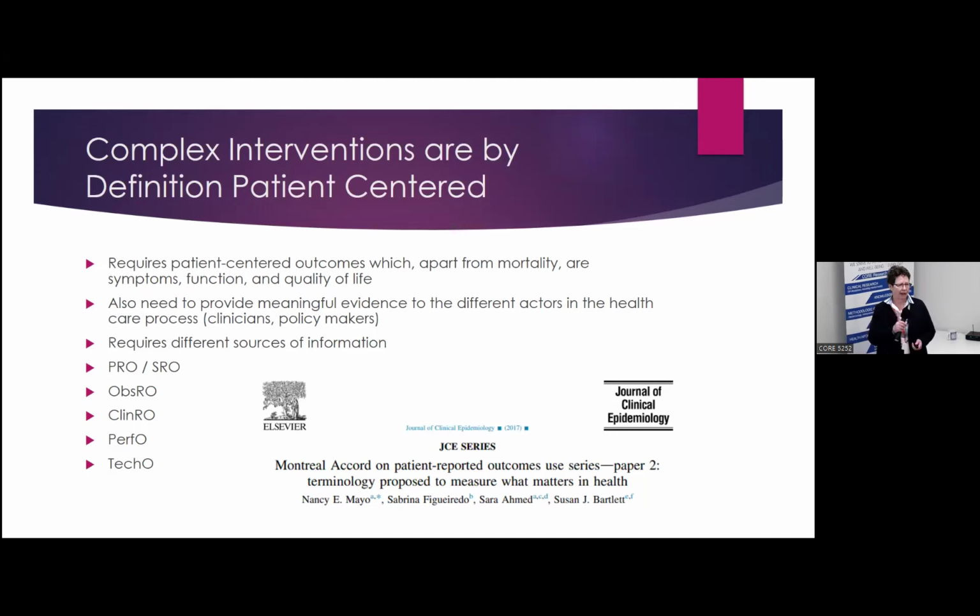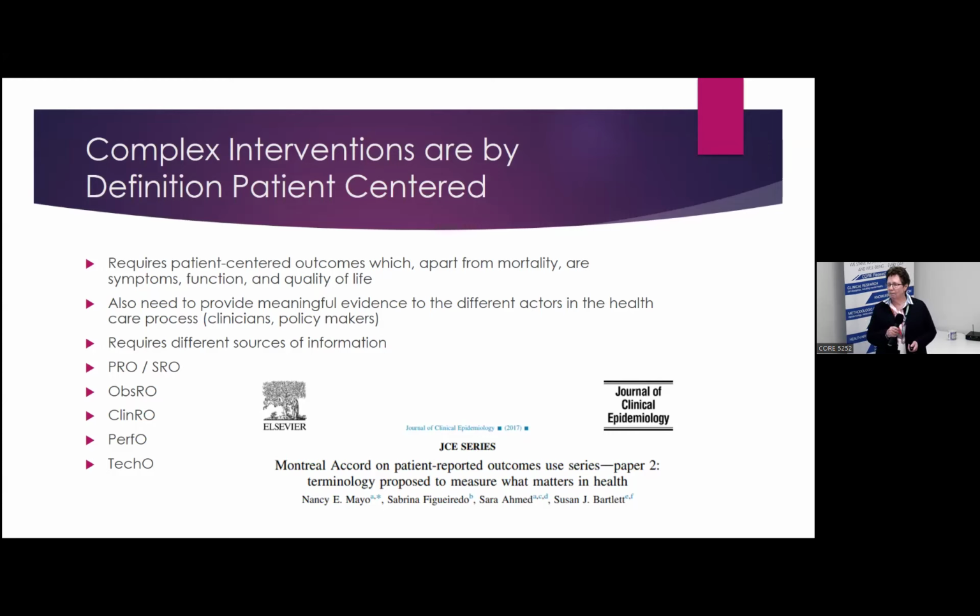I realize this is health outcomes jargon and acronyms, but the information you're going to need in your complex intervention falls under what we call PRO, patient-reported outcomes or self-reported outcomes, and ObsRO, observer-reported outcomes, sometimes for caregivers. They will report on the observation.